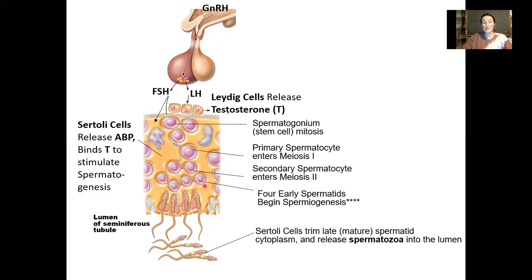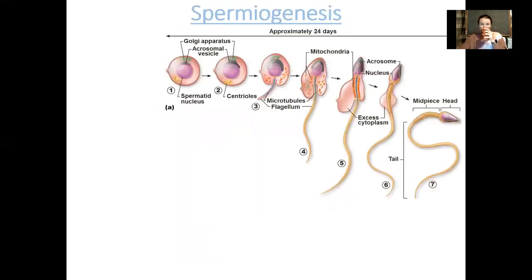Okay. And finally, the Sertoli cells are going to trim these spermatids apart and release them into the lumen, surrounded by testicular fluid, again produced by the Sertoli cells, and therefore washed into the epididymis. Okay, this process takes about 2 months from start to finish, so from stem cell all the way to mature sperm.